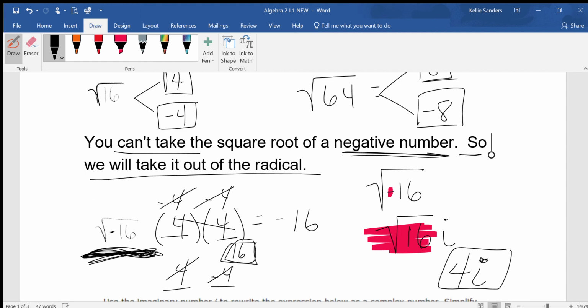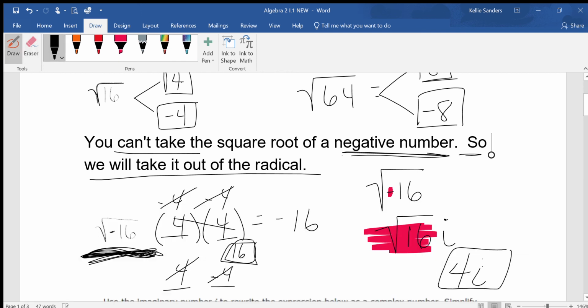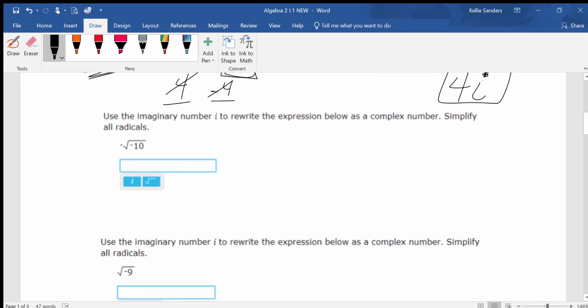And if we're just simplifying, then you don't worry about a positive number or negative number. You just do whatever the problem says. Okay, so here we are. I'm going to rewrite this.